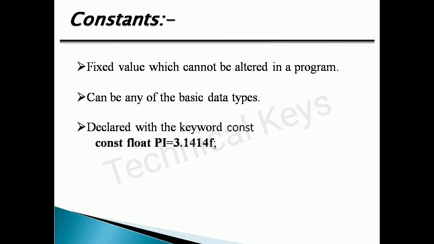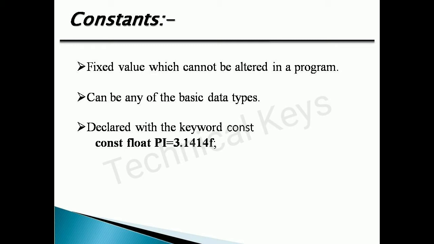The basic syntax used to declare a variable is to write the data type and then a variable name. Now if I want to write a constant, I have to use the const keyword, then the data type, and then the variable name, which can be any name.